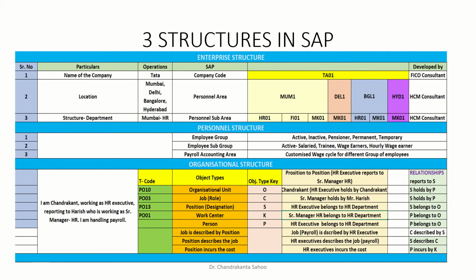So suppose a company wants to use SAP software. The company has basically three options. One option is that it can develop its own team and do all the configuration at its own end.